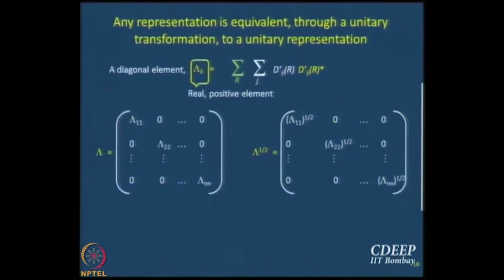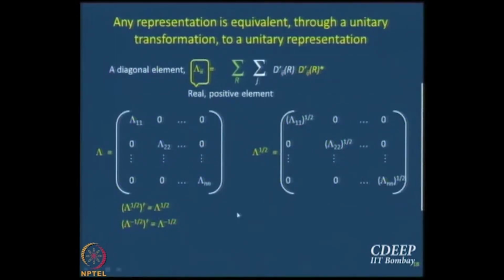Multiply it with yourself, don't you get back lambda? Right, so no issue with that. What is lambda to the power minus half? Just change half to minus half, nothing else. Trivial, but it's going to come handy.